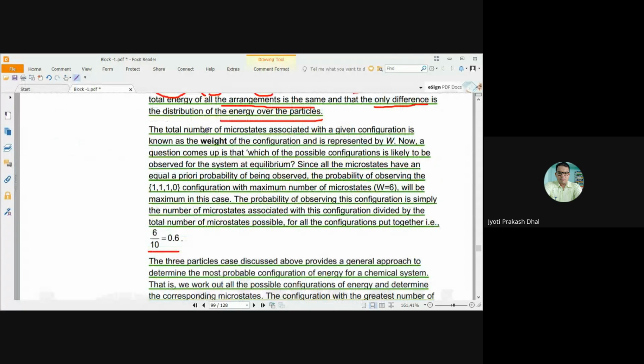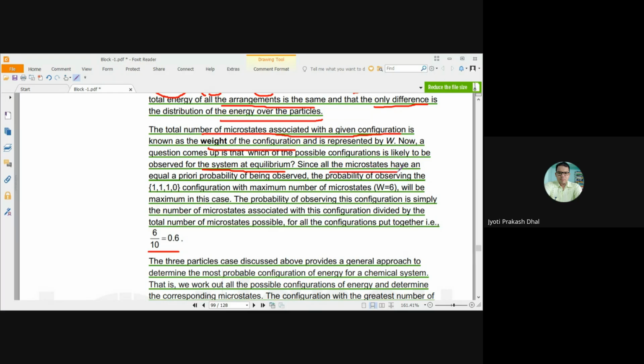So the total number of microstates associated with a given configuration is known as the weight of the configuration and is represented by W. Here weight means the total number of microstates present in a particular configuration. That is called weight, so that is represented as W. Now a question comes: which of the possible configurations is likely to be observed for the system at equilibrium?